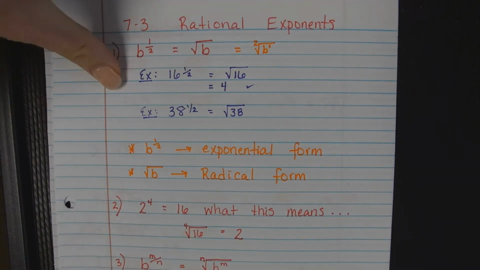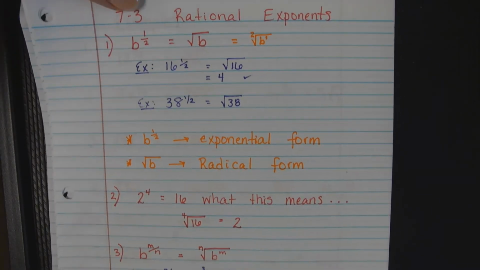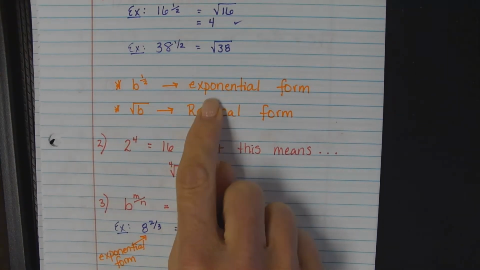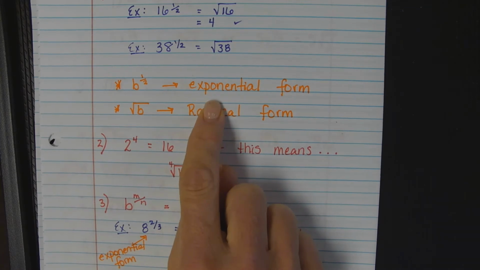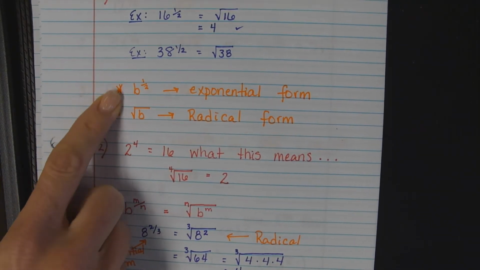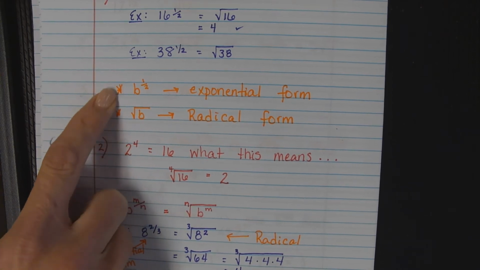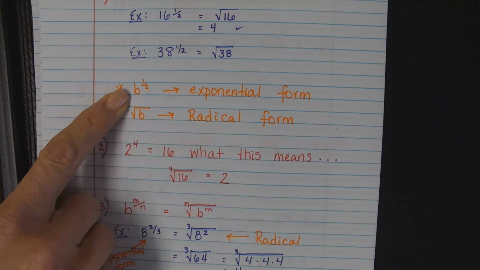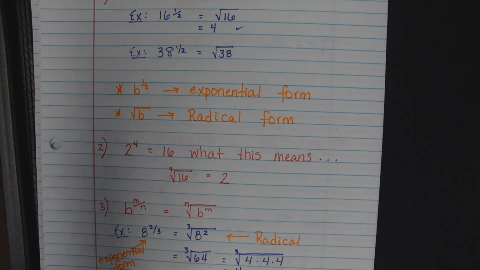This is important. B to the 1/2 is an exponential form. What word do you see in this? Exponent. So this is the same thing here. Y'all see that? Two different ways to write it. This is exponential form. The obvious part is exponent is in the word.